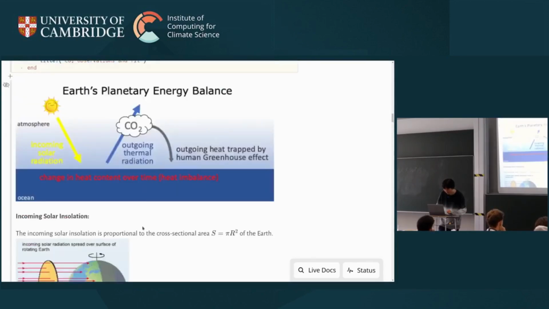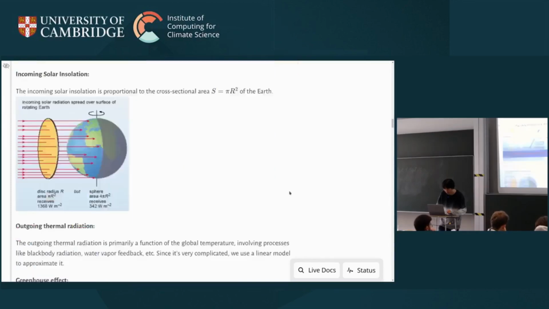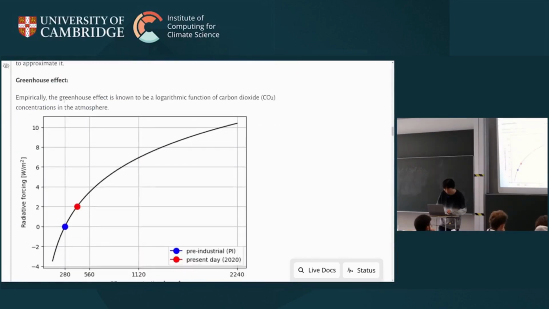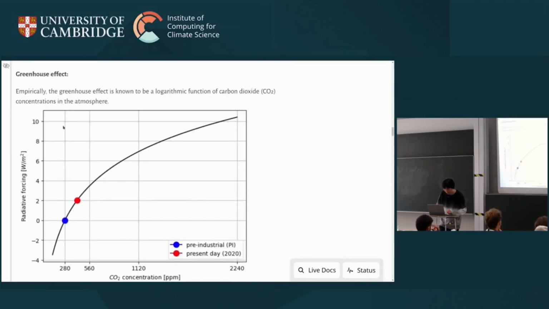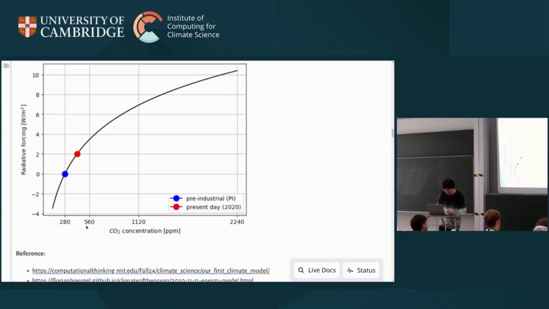And finally we have the greenhouse effect, and this is the forcing term in the ODE. Empirically, it's a logarithmic function of CO2 concentration.